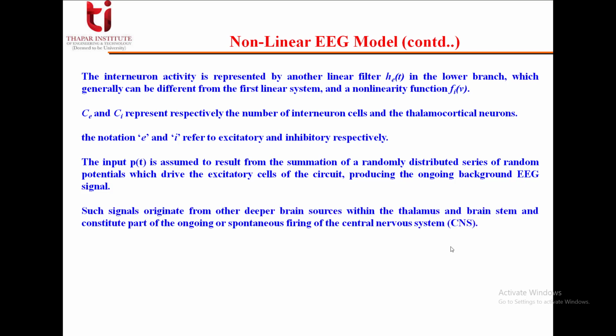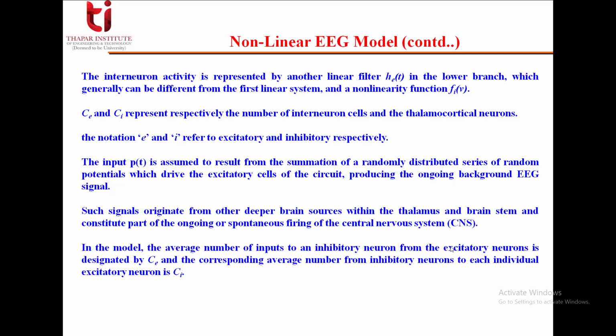Such signals originate from other deeper brain sources within the thalamus and brainstem and constitute part of the ongoing or spontaneous firing of the central nervous system. In this model, the average number of inputs to an inhibitory neuron from the excitatory neurons is designated as CE, and the corresponding average number from inhibitory neurons to each individual excitatory neuron is CI.